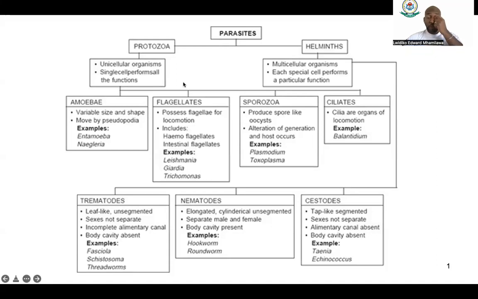There we go. So the parasites, you've discussed a bit about the nematodes and trematodes. Now we're on the cestodes, and the general features of the cestodes, as you probably are aware, are that they have tape-like segments, like tapeworms, and usually the sexes are not separate between male and female, and they don't have an alimentary canal.